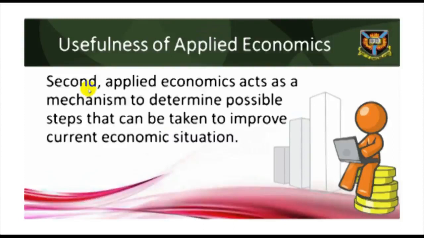Examining each aspect of the current economic condition will often yield sound ideas on how to maintain aspects that are working at a reasonable rate of efficiency and strengthen areas where performance is weak.